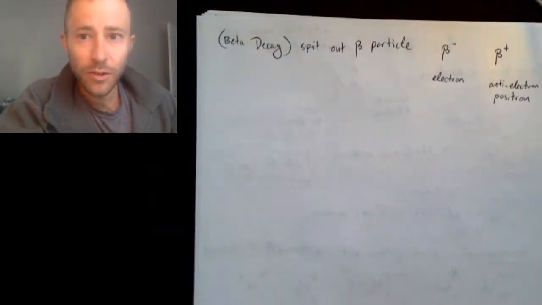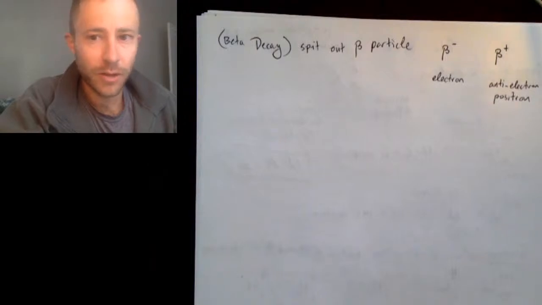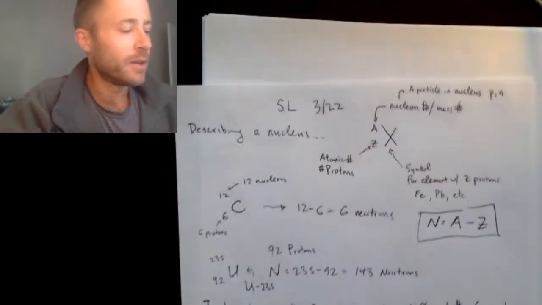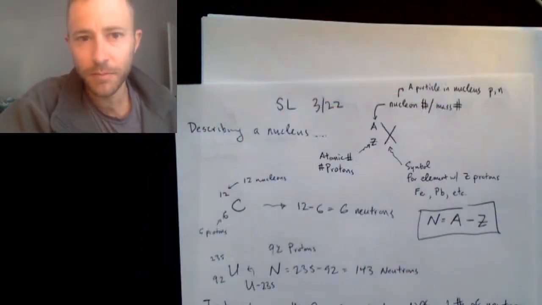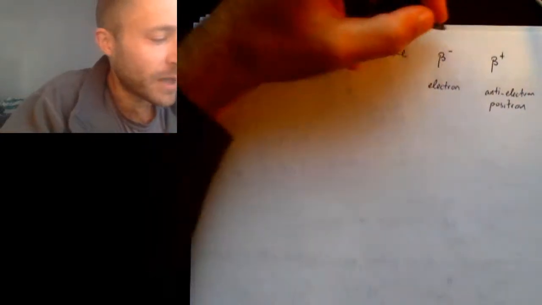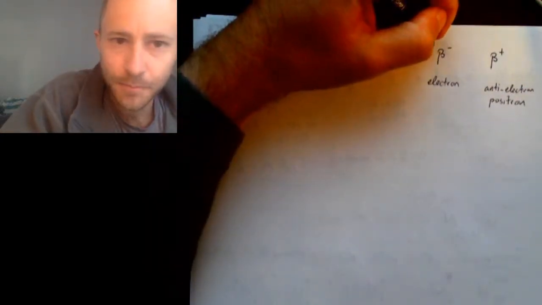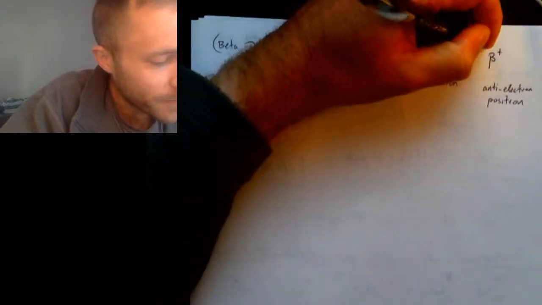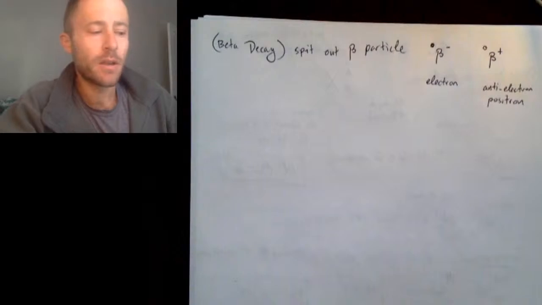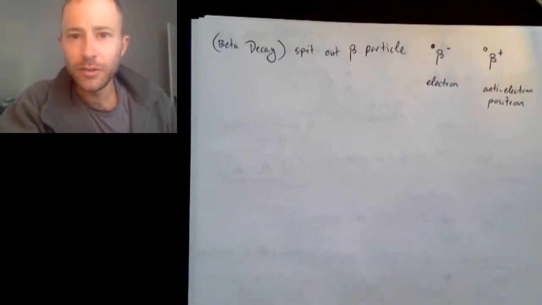Now, what is the nucleon number of an electron or a positron? Well, remember, it only counts as a nucleon if it's a proton or a neutron. Okay. So that means that beta particles have a nucleon number of 0. And then the charge.